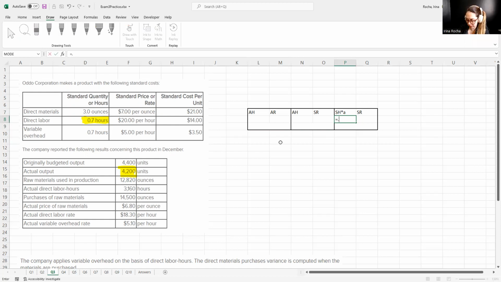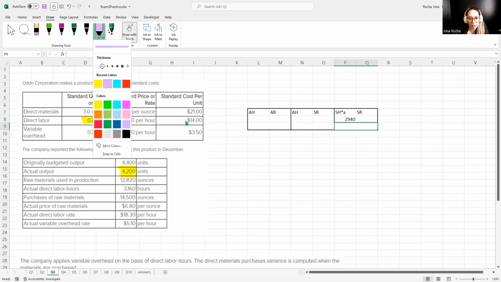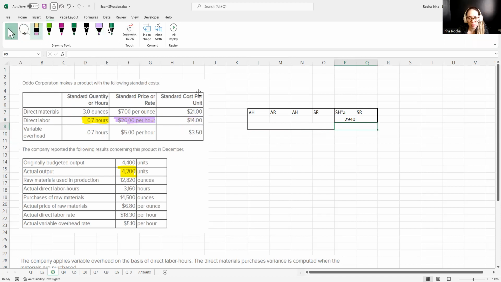So this is 0.7 times 4,200. Okay, the standard rate, how much I usually pay for my direct labor hours is right here. Oh, no, sorry. It's right there, $20 per hour. So my standard rate is 20.